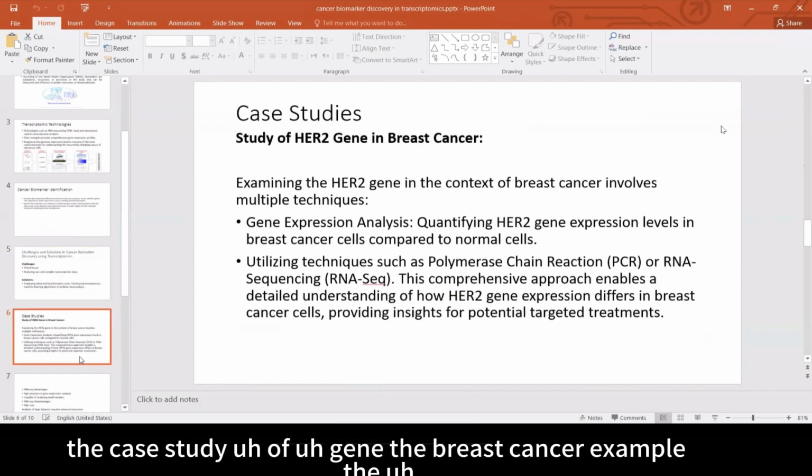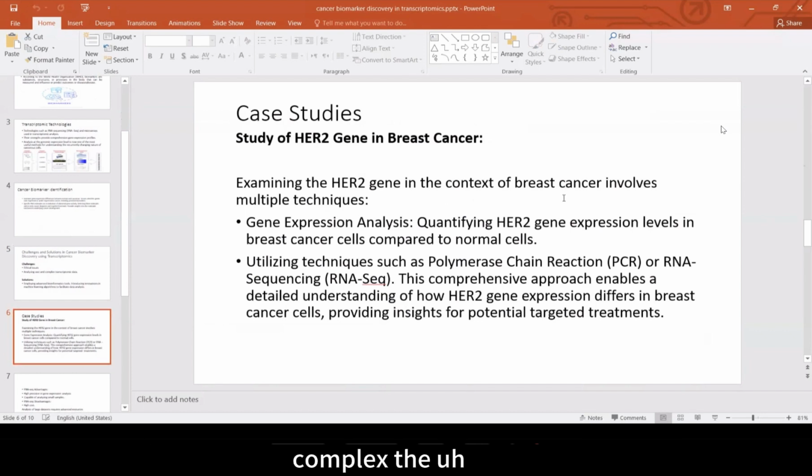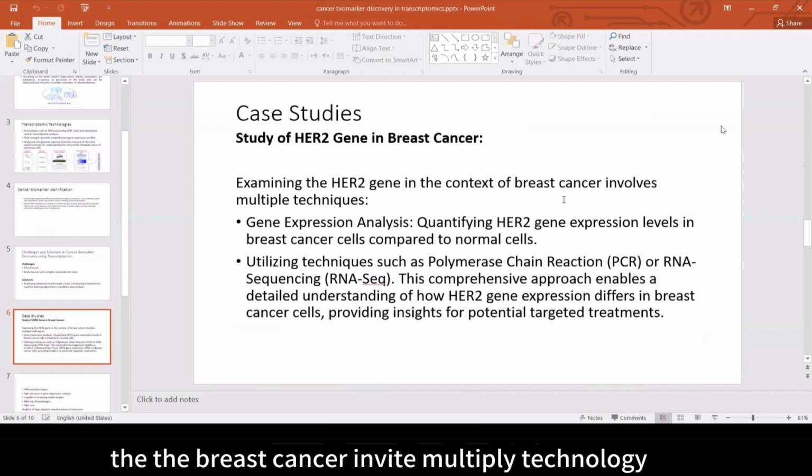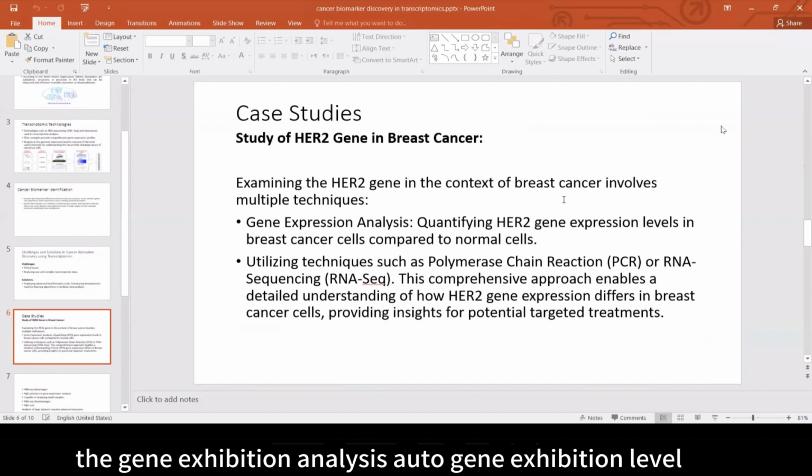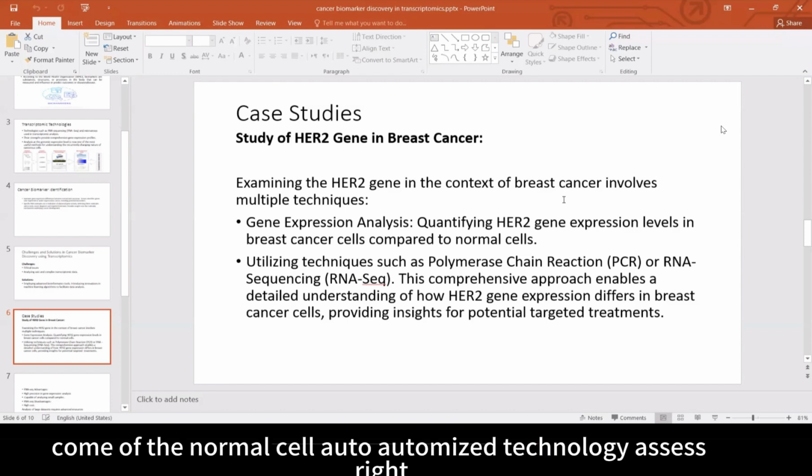Case study of the HER2 gene, a breast cancer example. Breast cancer involves multiple technologies for gene expression analysis, gene expression level of breast cancer compared to the normal cell.